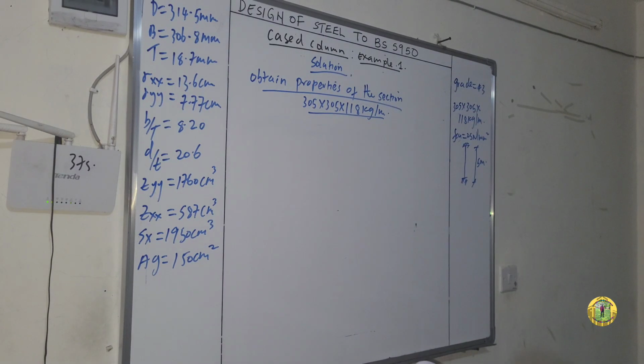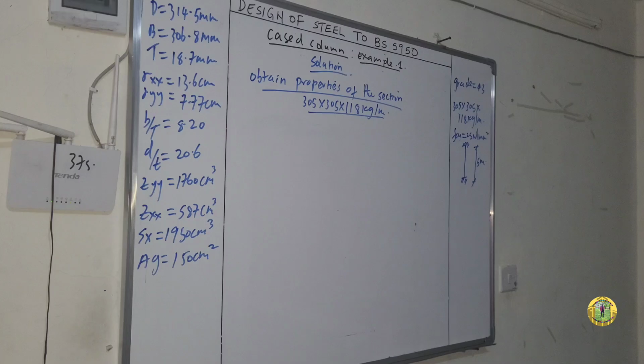So D is 314.5, that is correct. B is 306.8, correct. T is 18.7 millimeters, correct. RXX is 13.6 centimeters, correct. RYY is 7.77 centimeter, correct. B over T 8.20, correct.